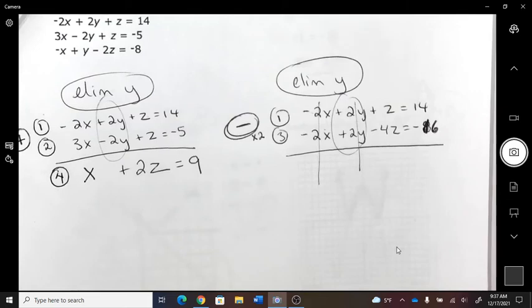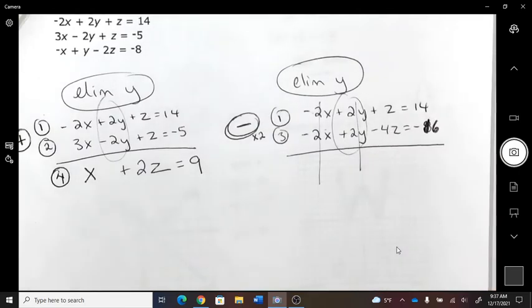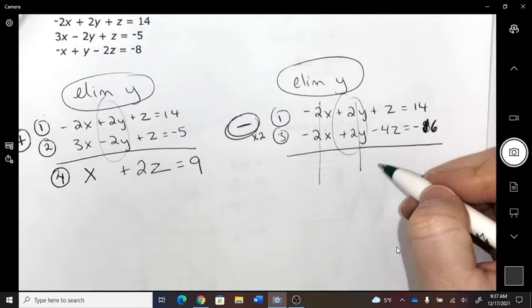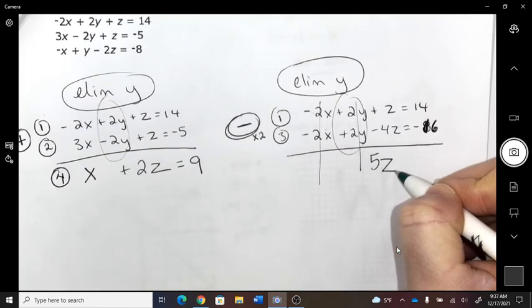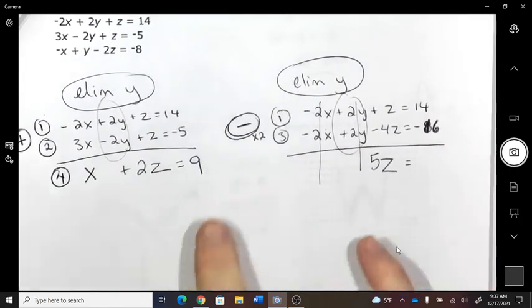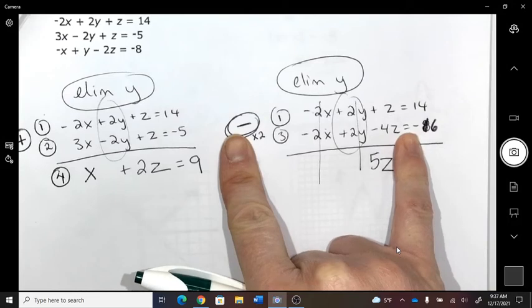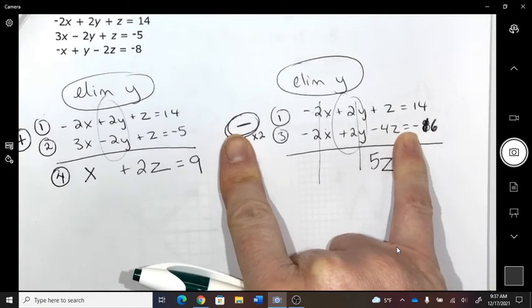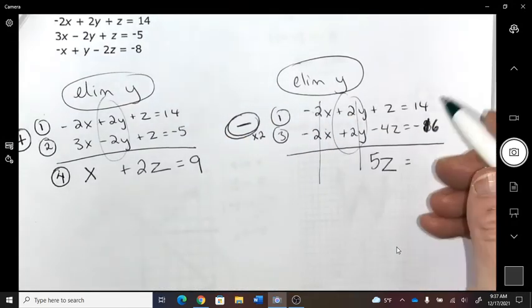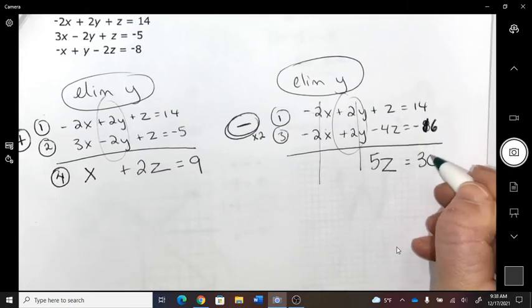This is gone. 1 subtract -4 actually adds 4. So that's 5z. And again, I subtract a negative value, so now that's adding. So 30.